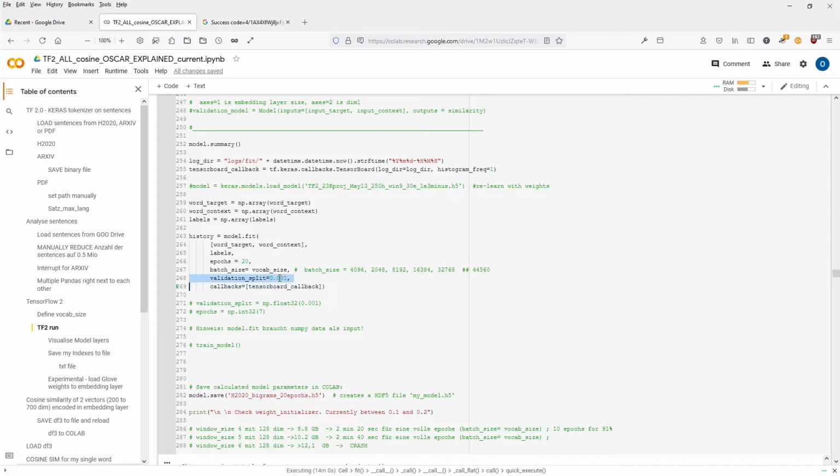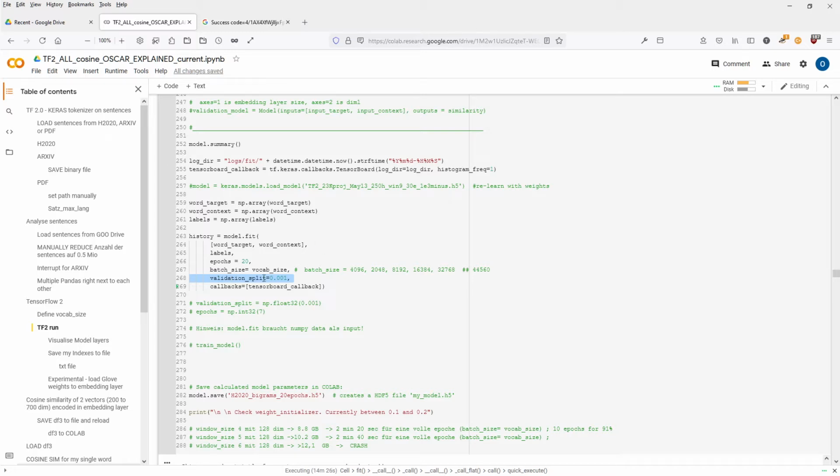And since I do not have to do any prediction with my word2vec model, my validation split can, of course, be very, very small, since what I'm interested in is the weights in the hidden layer of my shallow neural network. Those weights for each of my words in my vocabulary. This is exactly the embedding that I'm looking for, a word embedding.